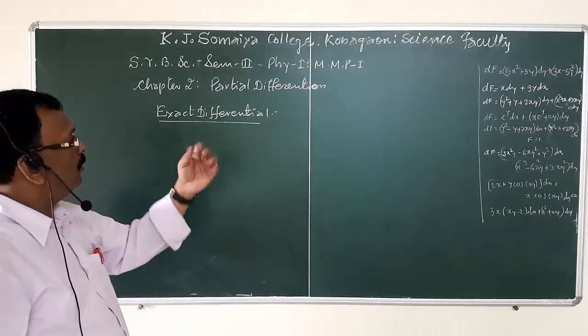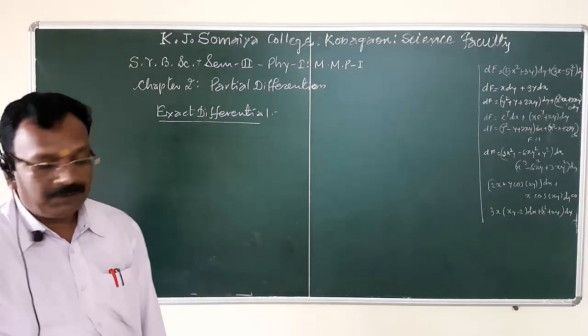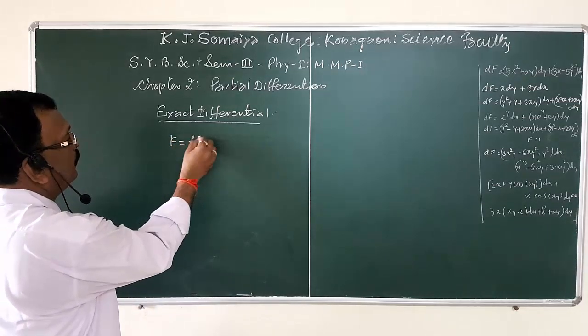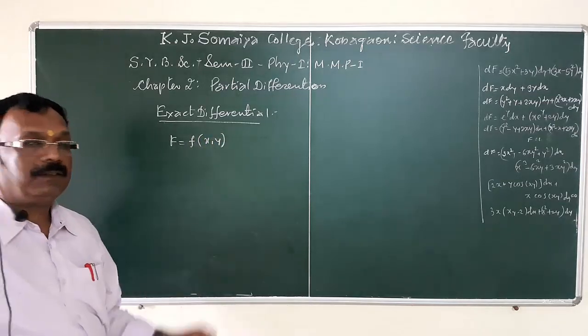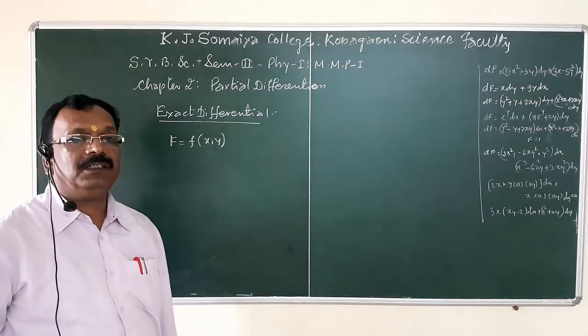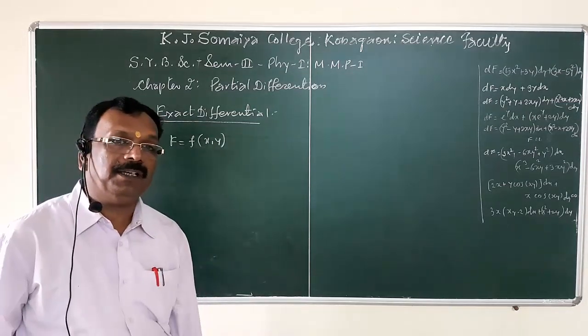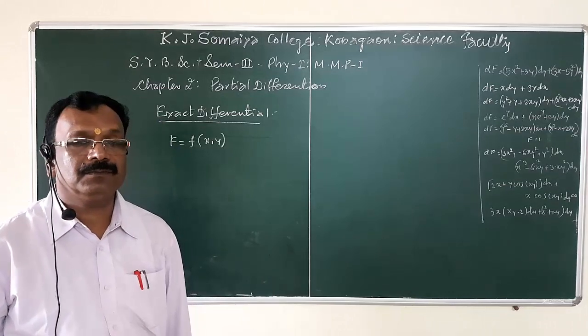Now, in order to understand the exact differential, we have to consider again the function f is equal to f of x y. This is a differentiable function in which x and y are two independent variables, whereas f is the dependent variable.